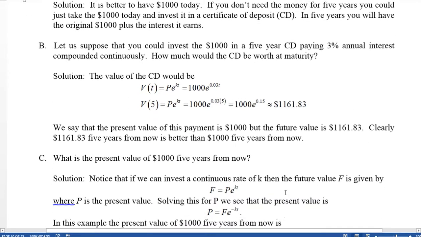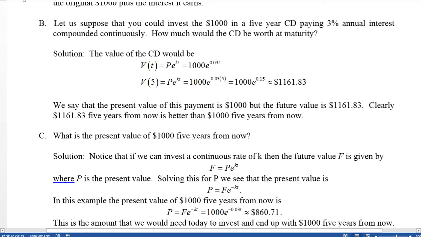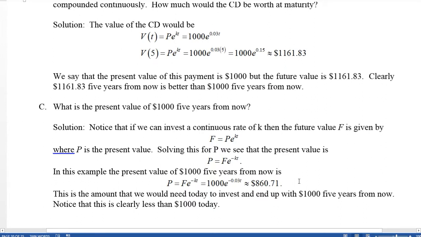So we're just taking that same formula. The future value is the present value times e to the kt. If you want to solve for the present value, you just divide both sides by e to the kt, or in other words, multiply both sides by e to the minus kt, and we get the present value is the future value times e to the minus kt.